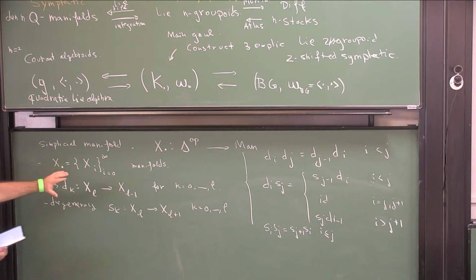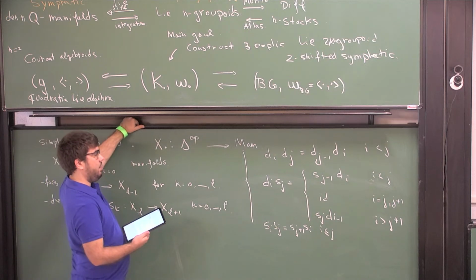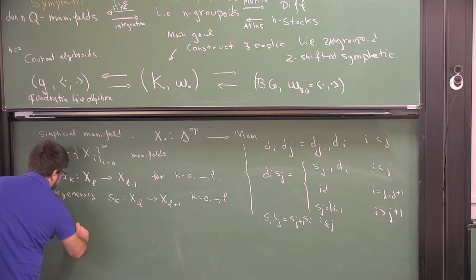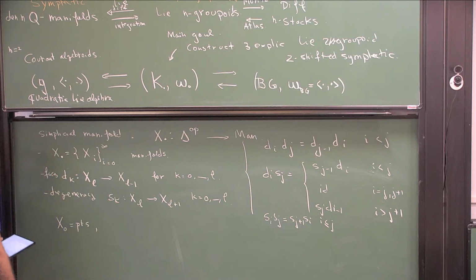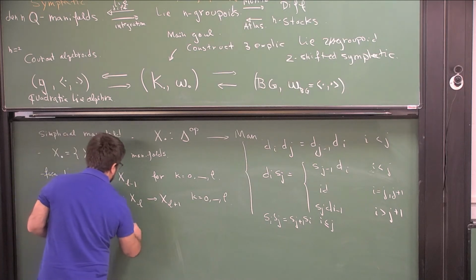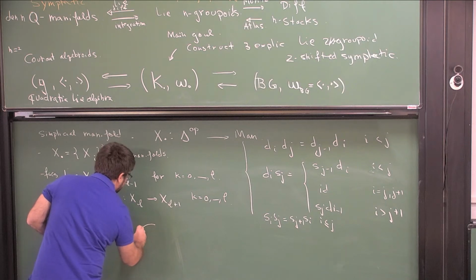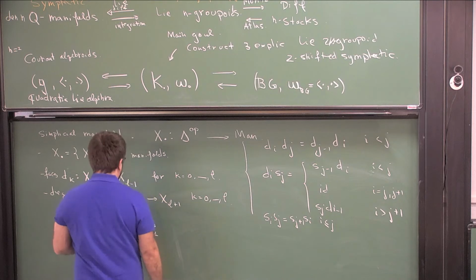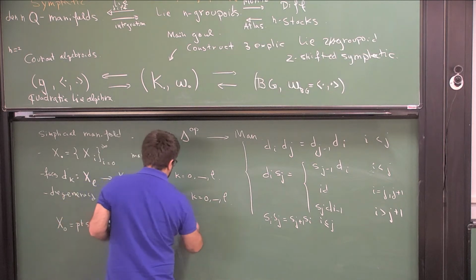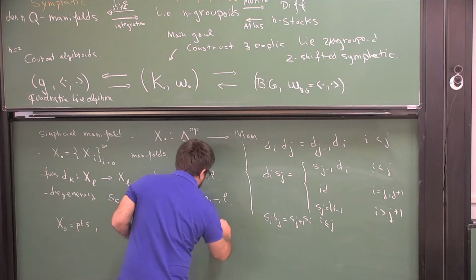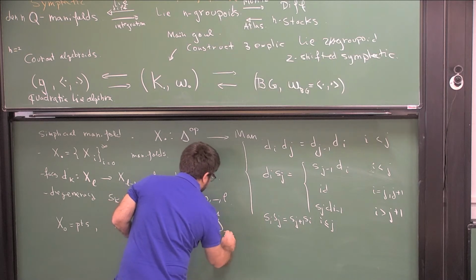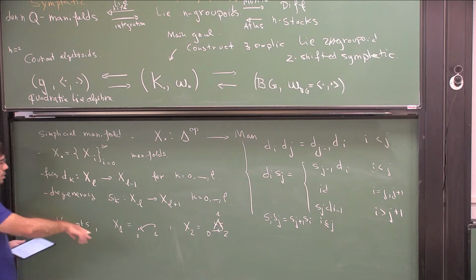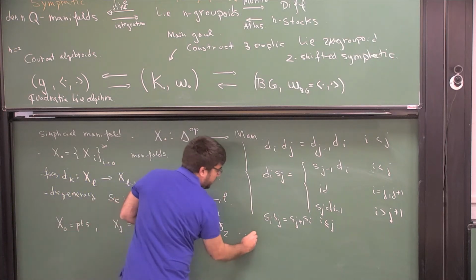So what is the idea behind these simplicial manifolds? Well, the idea is that we can think of X_0 as points, X_1 as directed arrows, so I just think of it as this, with 0 and 1 here, and X_2 as triangles, with vertices 0, 1, 2, and the direction of the arrows goes like water, from higher to lower, and so on.